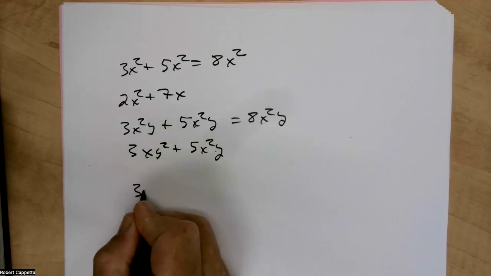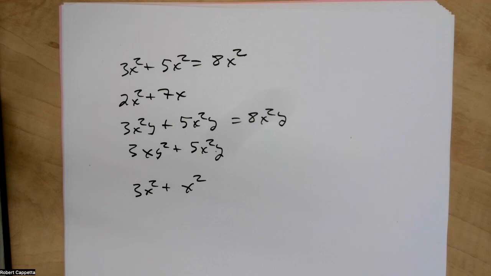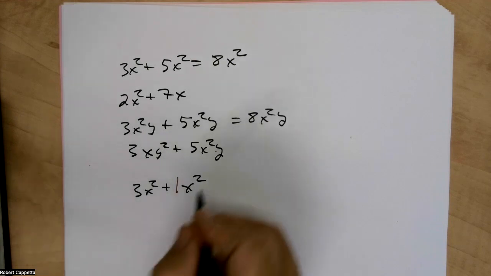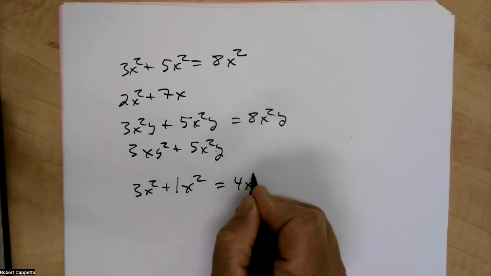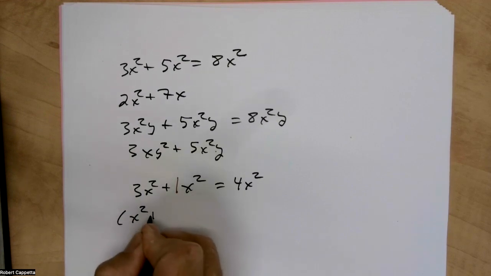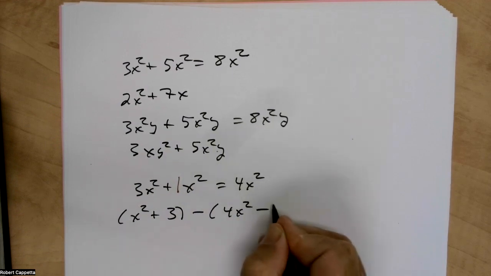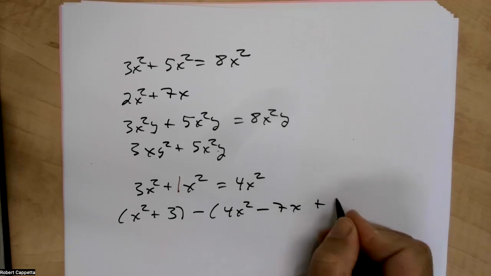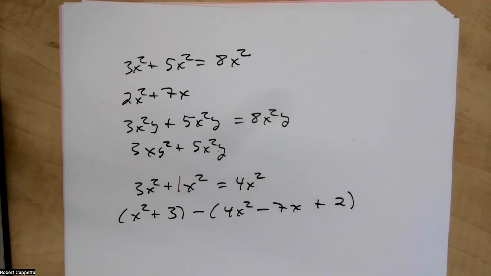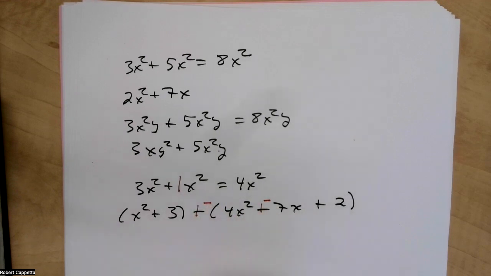And then remember, if I have 3x squared plus x squared, one way to get around that problem is to put a 1 in front of the x squared. 3x squared plus 1x squared is 4x squared. And if you are subtracting x squared plus 3 minus 4x squared minus 7x plus 2, my advice is to change all the minuses to plus a negative, plus a negative, plus a negative, and then distribute accordingly.